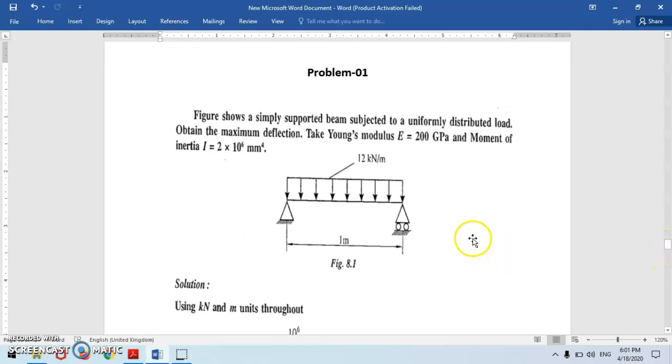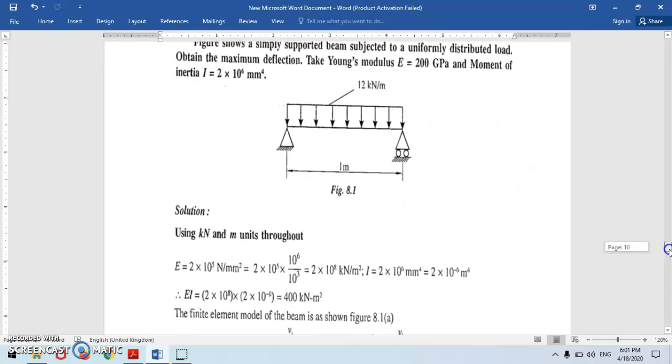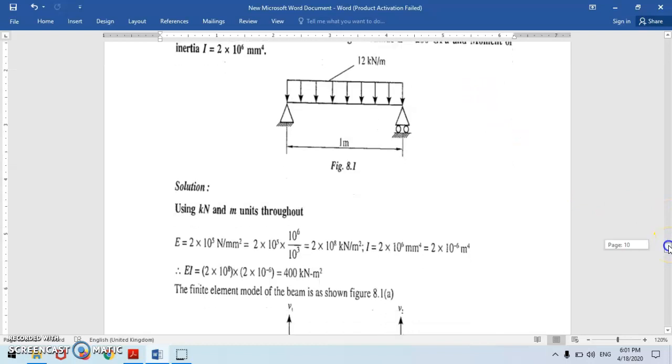So the first step is to convert all the units into meter and kilonewton, because here it is mm raised to 4. We need to convert this into meter raised to 4, and this we need to convert into kilonewton per meter square.